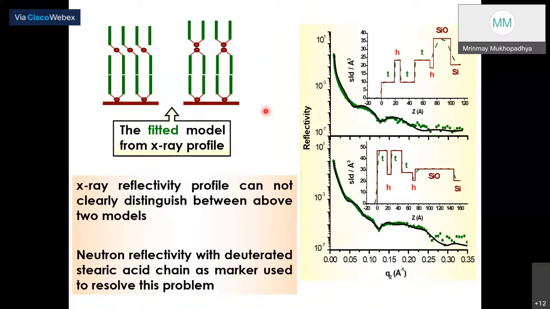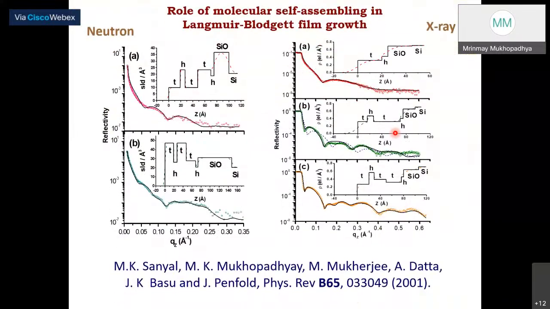This was published a long time back, but it gives you some indication of how you are measuring this. This is more of the details, so I am not going into that. It was published in 2001, but it is basically the summary of the whole measurement. Here you have neutron reflectivity and X-ray reflectivity, both simultaneously. Then we did 1, 2, 3 layers.